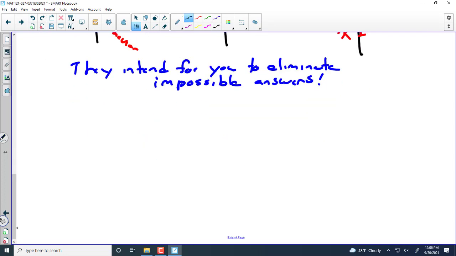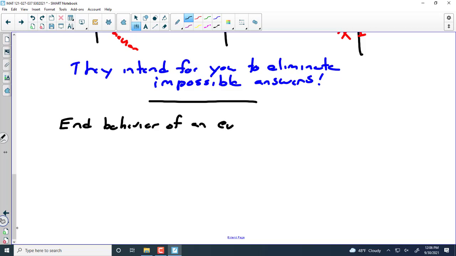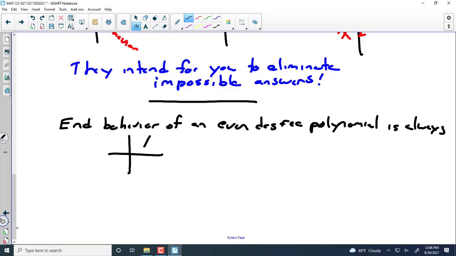A few reminders for ourselves, everyone. End behavior of an even degree polynomial is always either up on both sides or down on both sides.